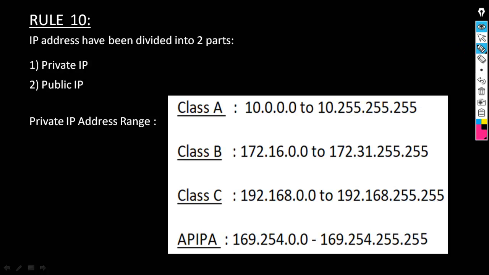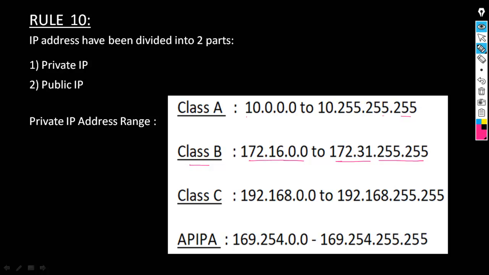And the private IP address range is further divided into class A, B and C. The class A IP address range is from 10.0.0.0 to 10.255.255.255 and the range of class B is from 172.16.0.0 to 172.31.255.255.